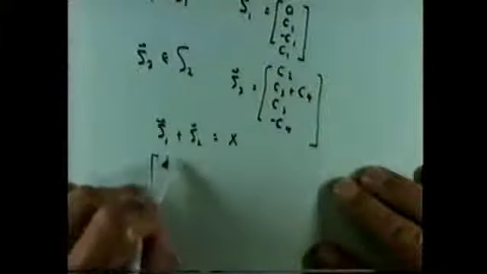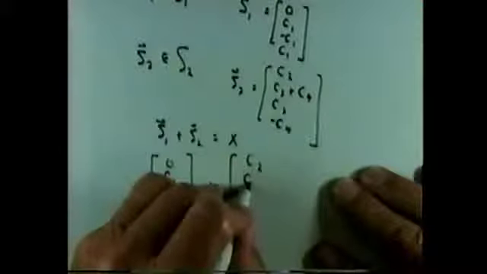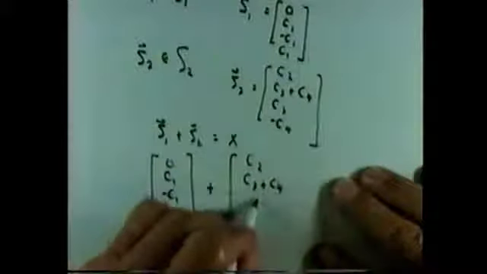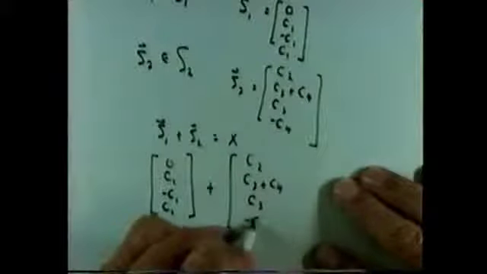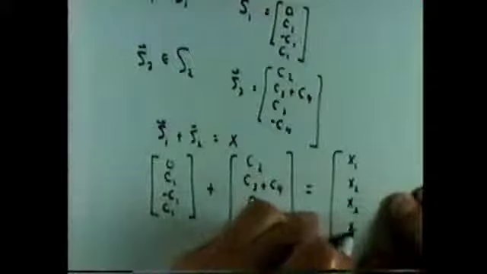Now we'll see that we can write vector S1 plus vector S2 is equal to X. Then we would have 0, C1, negative C1, C1, plus C2, C3 plus C4, C3, negative C4 is equal to the vector X1, X2, X3, X4.